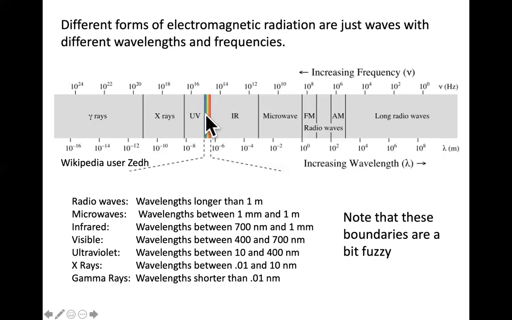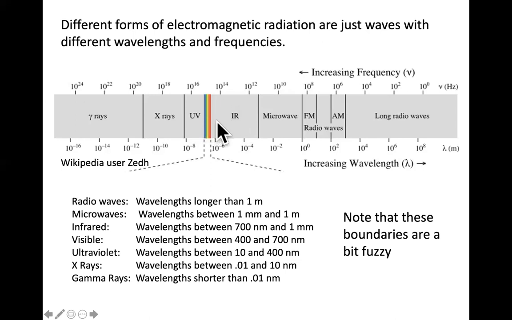Now, the ones we're most familiar with is visible light, which is right here, which has wavelengths of around 500 to 700 nanometers, which is roughly the width of a human hair, give or take. But we have types of electromagnetic radiation on either side of that.